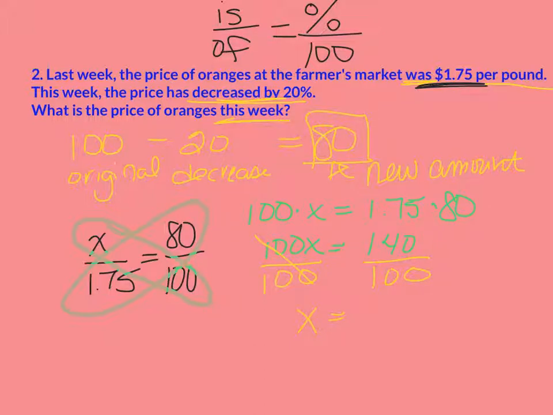There's two zeros there. That means we're going to be moving the decimal that's at the end 2 places back. So that would give us $1.40. And that's per pound of oranges.